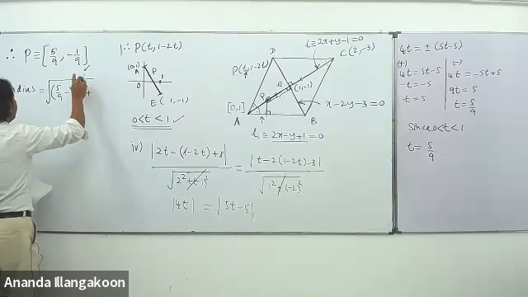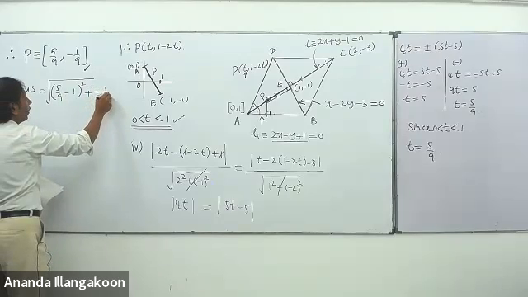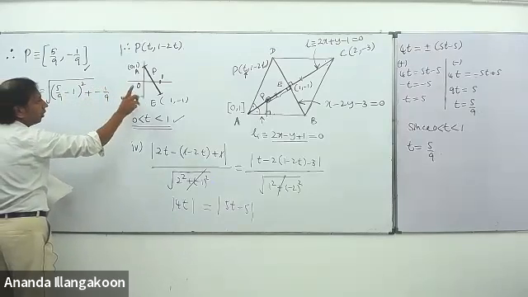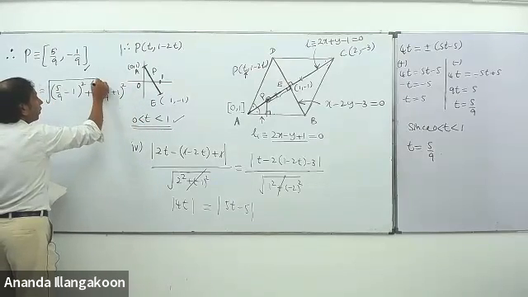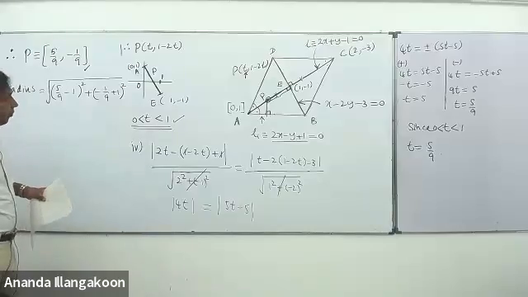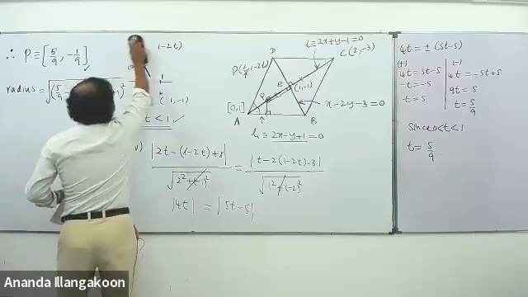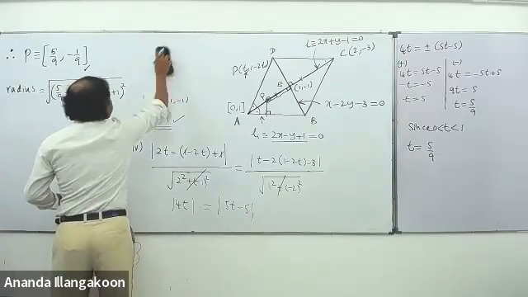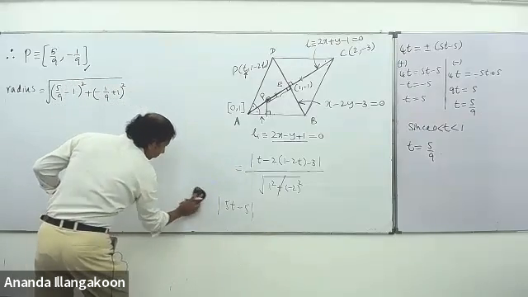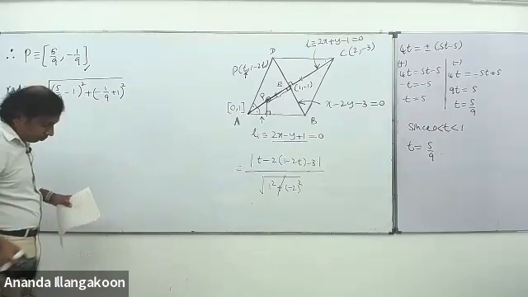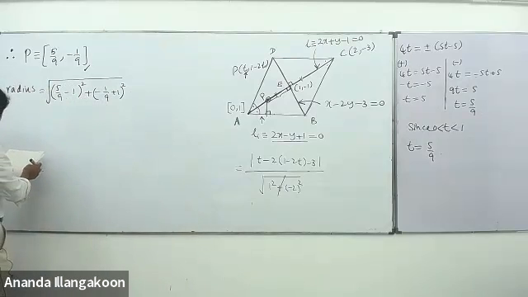Perfect square. P y coordinate is minus 1 over 9. E y coordinate is minus 1. Then minus 1 means plus 1. Perfect square. Once we simplify this, we get, people, root 80 by 9.